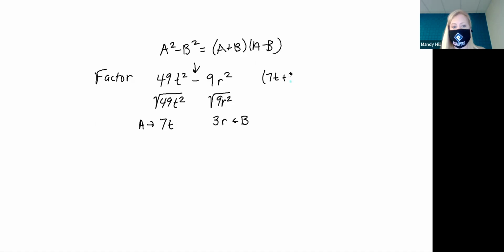I almost wrote b instead. And the other one would be 7t minus 3r. If you wrote that in the reverse order, 7t minus 3r first and 7t plus 3r in the back, that's fine, same difference.